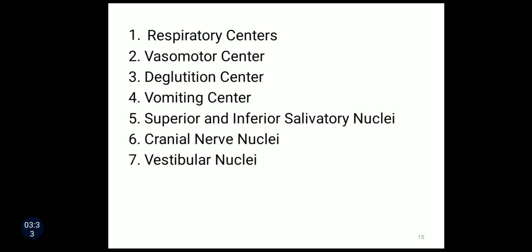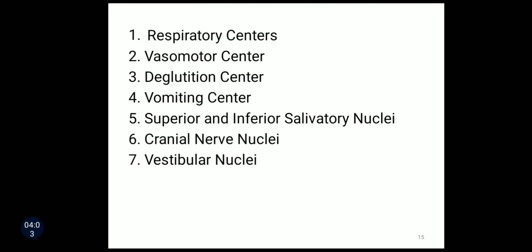The 11th cranial nerve, or accessory nerve, has nuclei mainly concerned with the movements of the shoulder. The 10th cranial nerve, also known as the vagus nerve, controls almost all the vital functions of the body, like the cardiovascular system, respiratory system and GI tract. Then the 8th cranial nerve, the vestibulocochlear nerve, is mainly concerned with auditory functions.